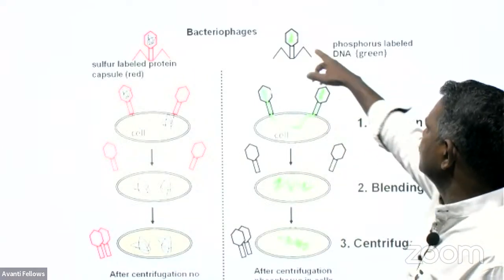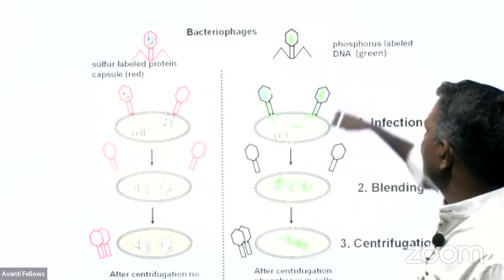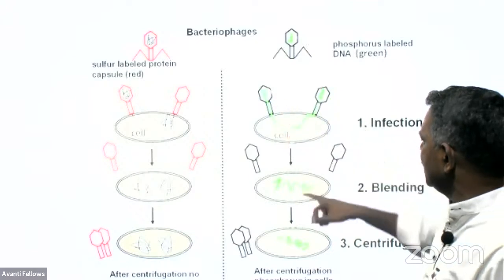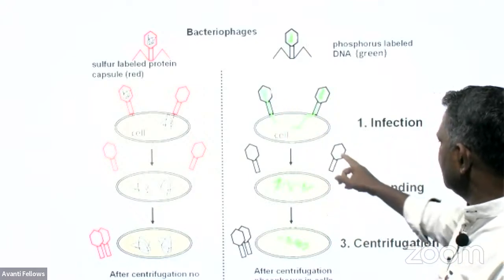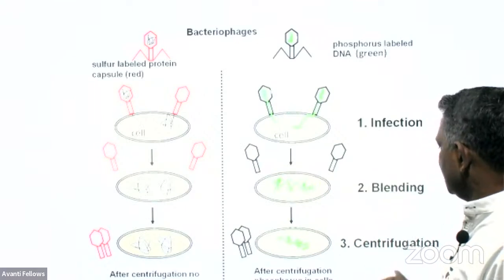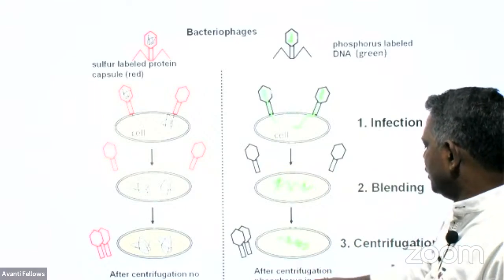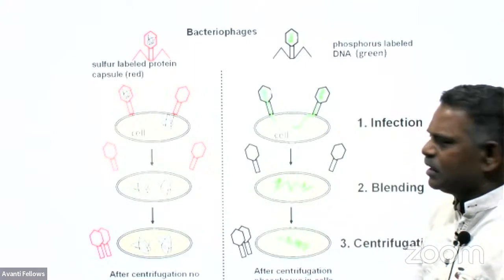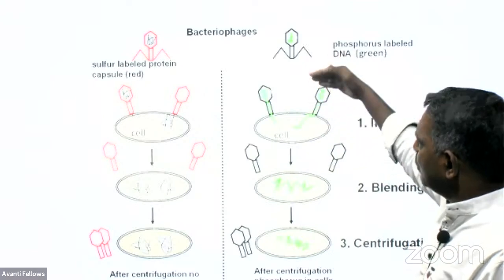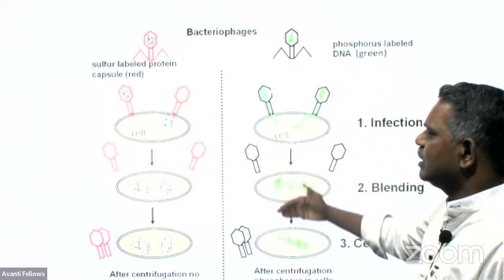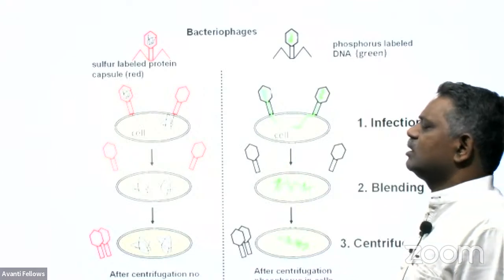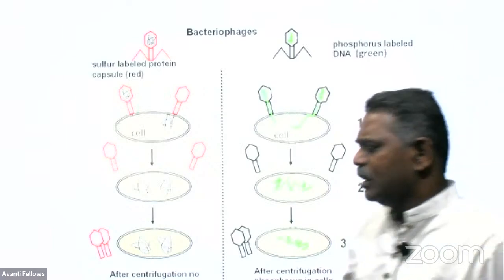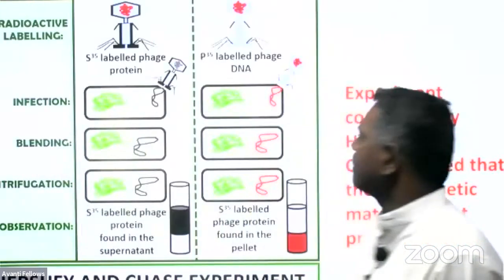And in the second experiment, the DNA only is labeled here with the radioactive phosphorus, and it is taken inside and multiplies, and because of the blending, this will be separated. And after centrifugation, they found the radioactive phosphorus inside the cell. That means only this DNA is taken inside the bacteria for the multiplication of bacteriophage, because the real genetic material is DNA only, not this protein.